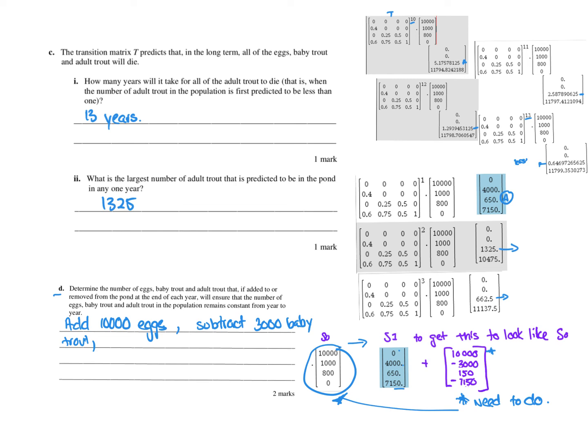Then we need to add 150 adult trout. And take away the 7,150 dead trout. Okay, so you're just pretty much writing out what you worked out.